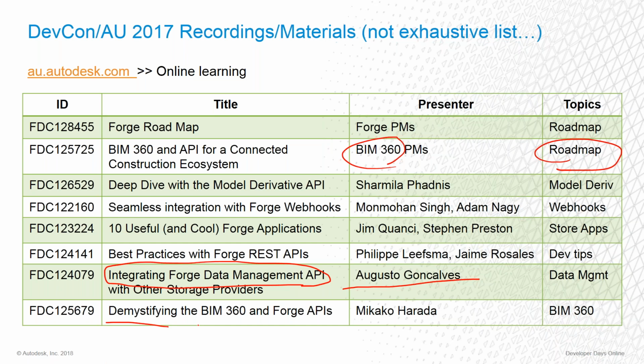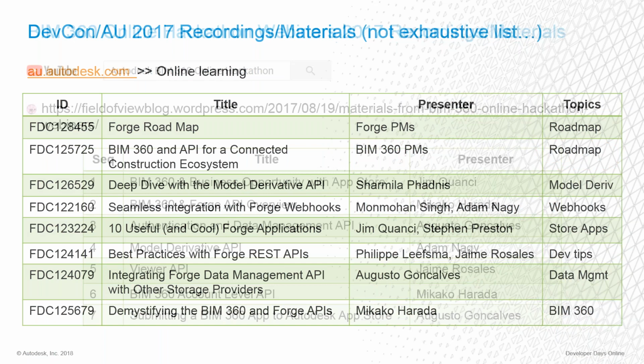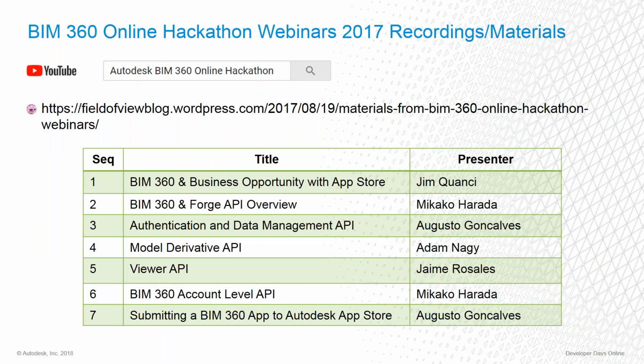Okay, so if you are really new with the BIM360 API, then the best place to start will be last year's BIM360 online hackathon webinar series. Again, you go to YouTube and search with Autodesk BIM360 Online Hackathon. You'll see recordings. I also put materials from there on my blog post, so you may take a look there too.